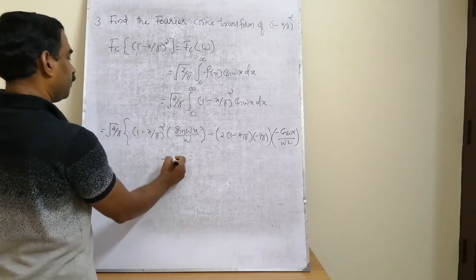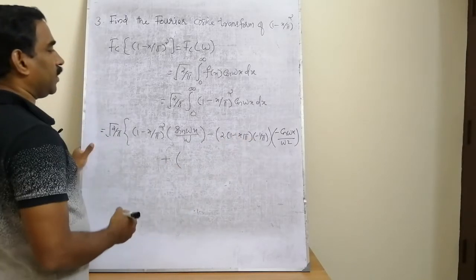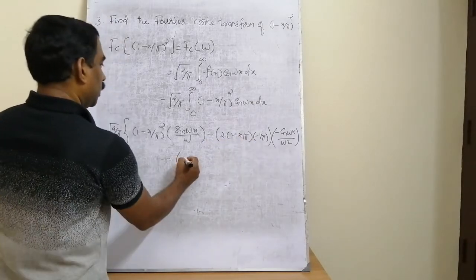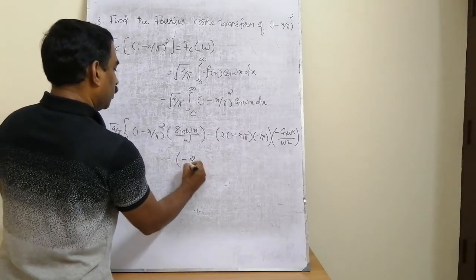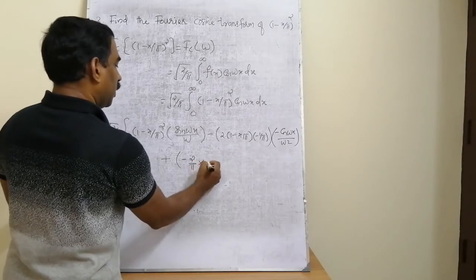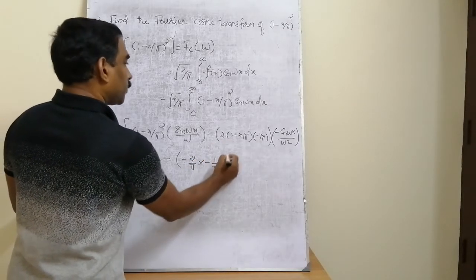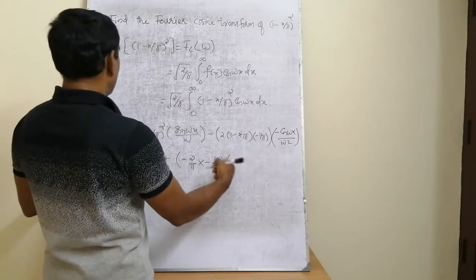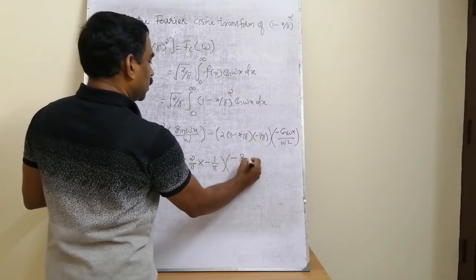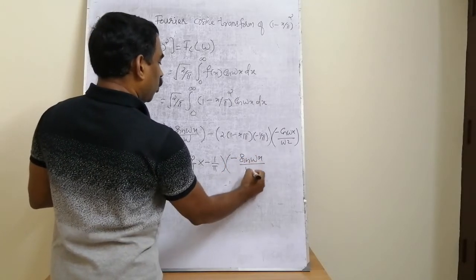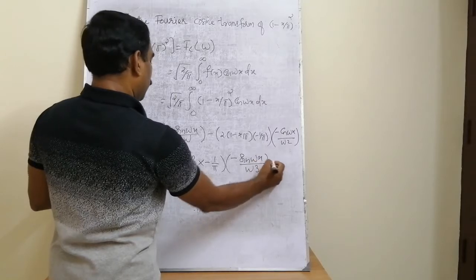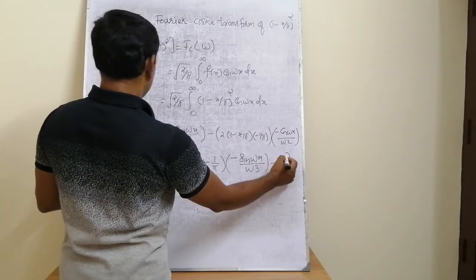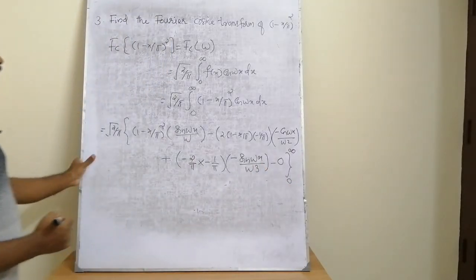Then put a plus sign, derivative of this bracket, that is derivative of 2 into (1 minus x by pi) into minus 1 by pi, that is minus 2 by pi into derivative of (1 minus x by pi), that is minus 1 by pi, into integral of minus cos omega x by omega square with respect to x, that is minus sin omega x divided by omega cube. Then minus derivative of this constant function becomes 0.